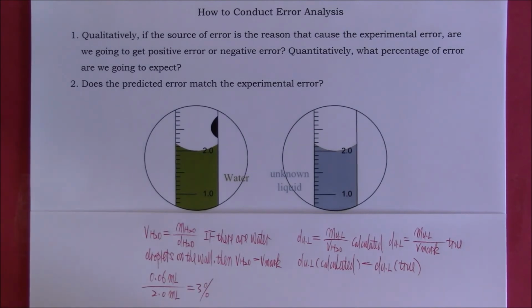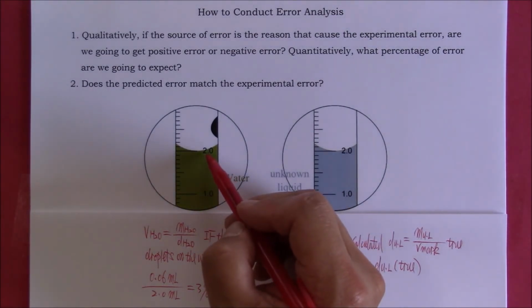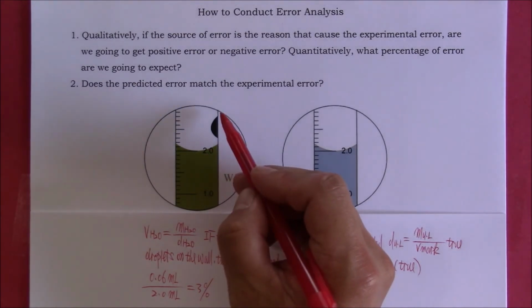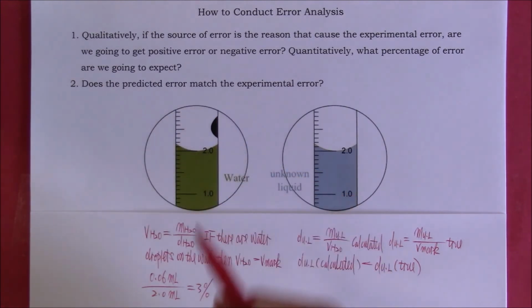Apparently, when we calibrate a different mark, for example at 4 milliliter, if we still have one water droplet on the wall of the graduated cylinder, then the percentage of error will be smaller. And then we can compare the calculated density of the unknown liquid to the true density of the unknown liquid.